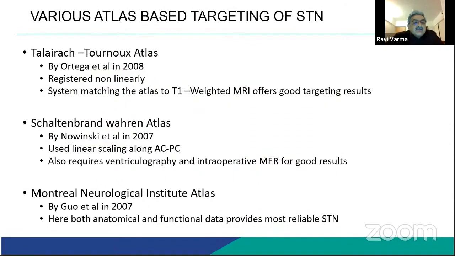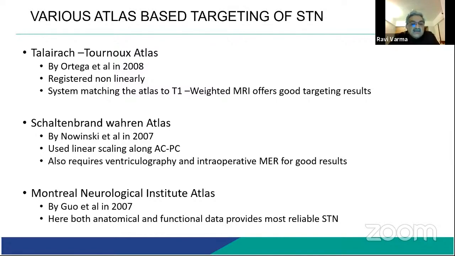And the Talairach and the Tournoux atlas by Ortega in 2008 registered non-linearly, matching the T1 method, which offers some good results. But again, there was some variation there. We could be in the STN, but not exactly where we required. The Schaltenbrand-Bailey-Wahren atlas, in fact, was made with 3 brains, and so it didn't give a good amount of variation.